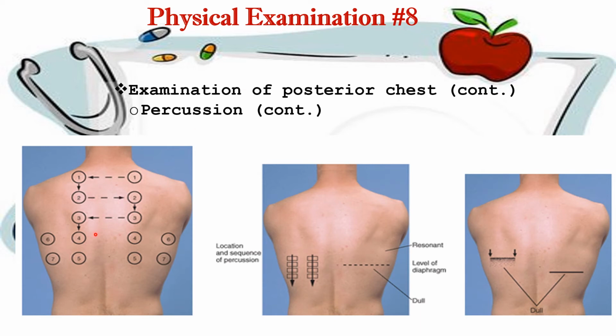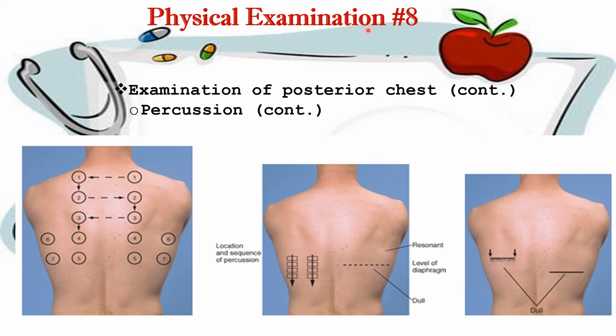So alternate percussing one side of the chest and then the other at each level in a ladder-like pattern. Okay, so as shown in the photograph below or here. So you have to begin above the scapula, okay, and then so on. So na-discuss na natin yan.